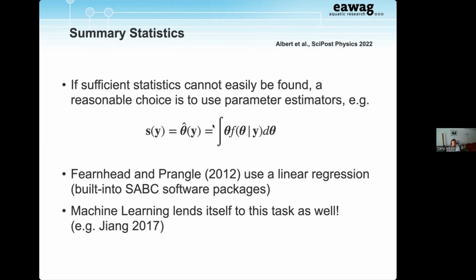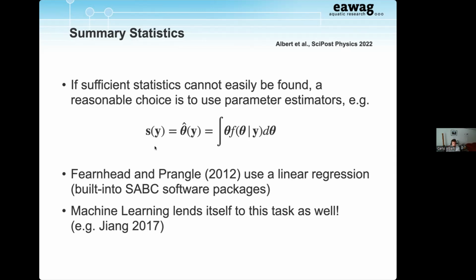For instance, you can use the posterior mean, and then obviously we don't know that, but we can use some form of regression starting from a rich initial sample from the prior, which you need anyway at the beginning. You can make some form of regression and try and approximate this posterior mean, and then use that as summary statistics.